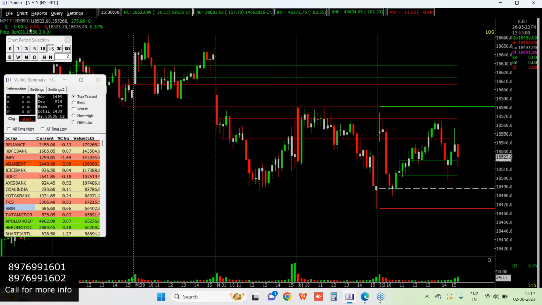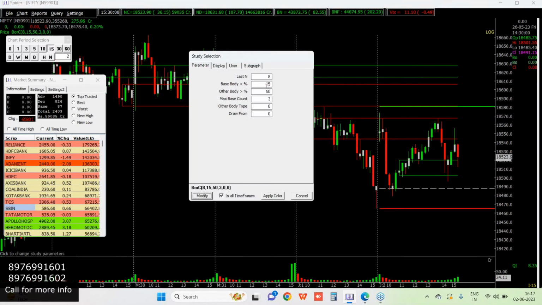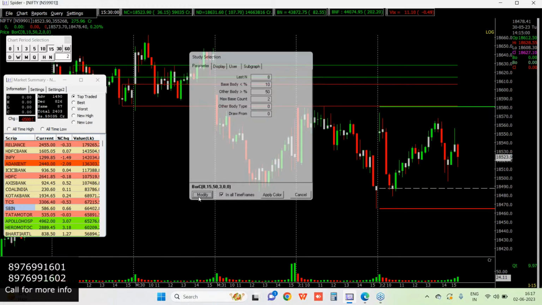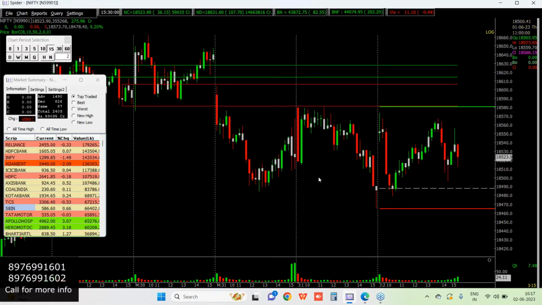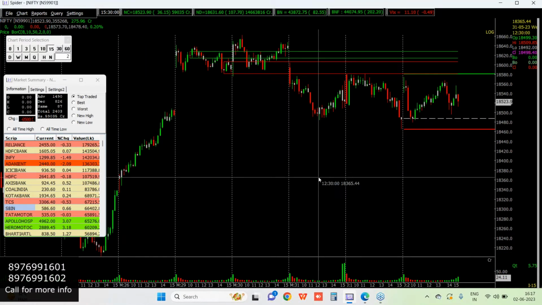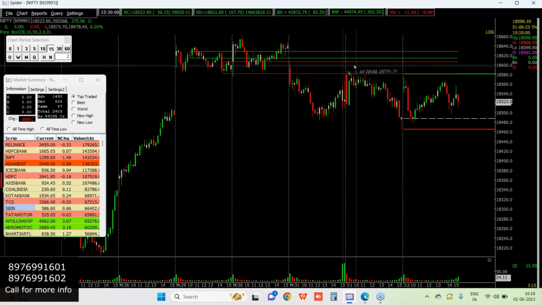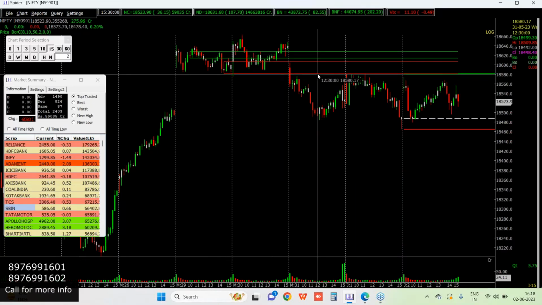For more filtering, I'll take the base body as 10, and I'll take the maximum count as 2. So I want only 2 bars in the base. Definitely, when I go to the 15 minutes time frame, you can see today and also yesterday, it tested the previous zone, which was near 18,550.